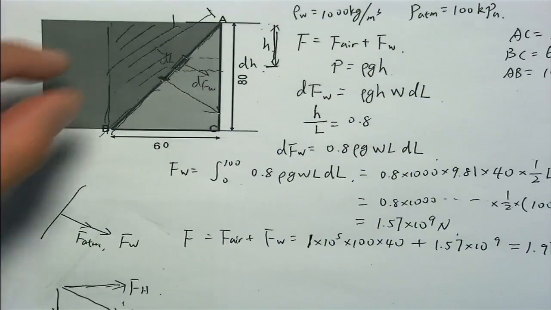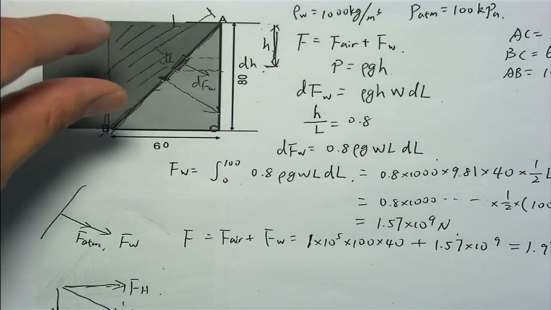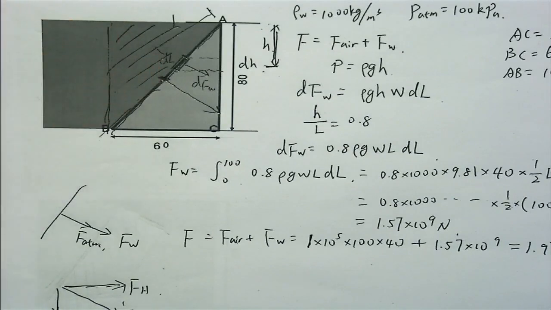Here, it is at half the height, and we use rho g h to get the pressure, and then multiply it by the area of the surface, and then we can also get the hydraulic force, and then add it with the force by the air. Make sense?